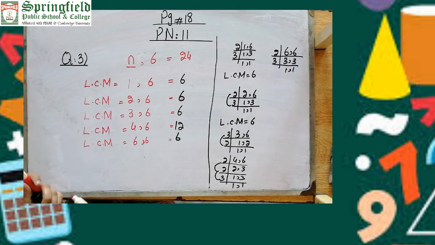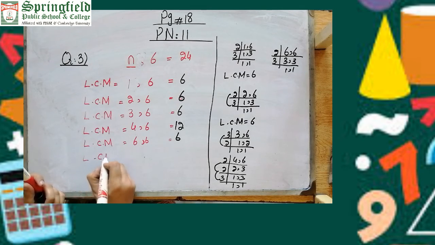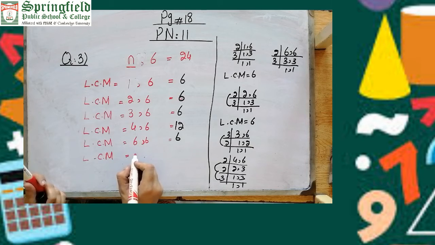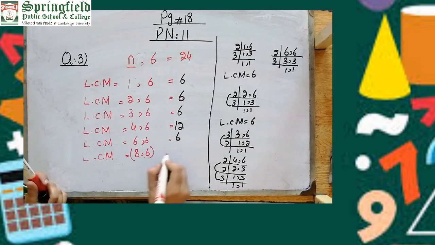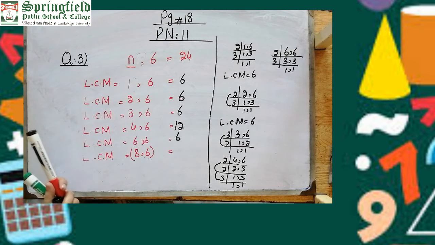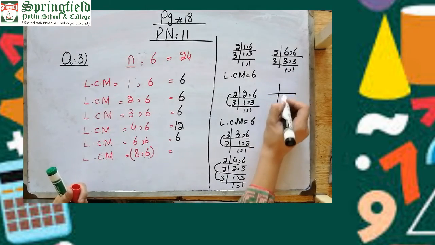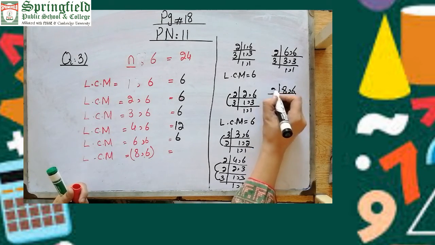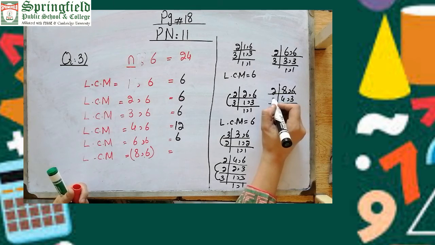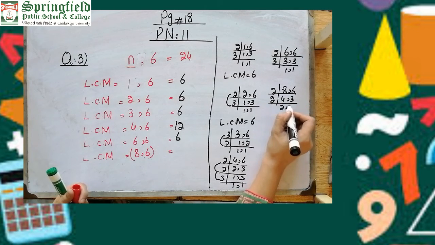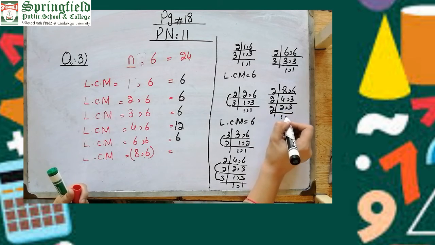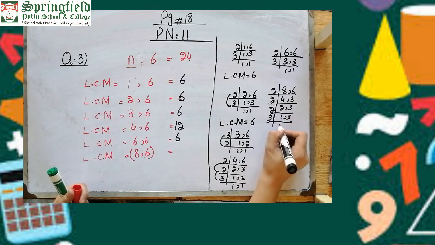Next, find the LCM when n is equal to 8 and 6. We will check what the answer will be. 2 4s are 8, 2 3s are 6. 2 2s are 4, 2 1s are 2 and 3 1s are 3.